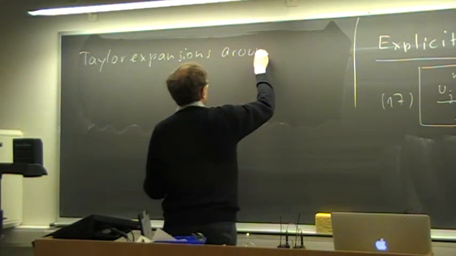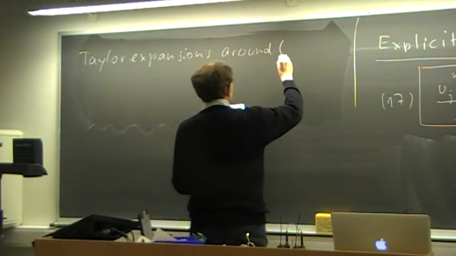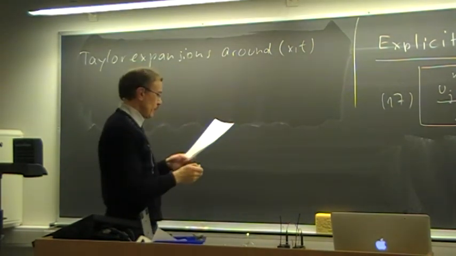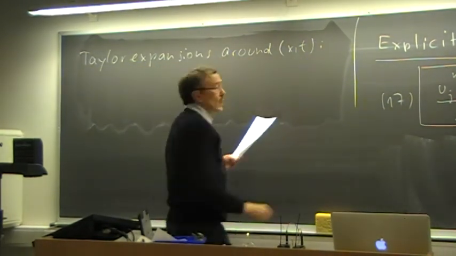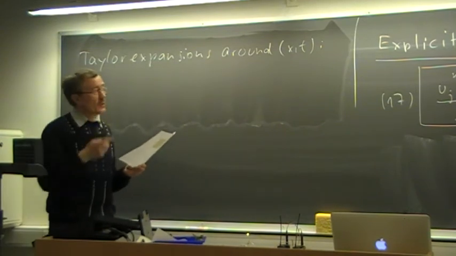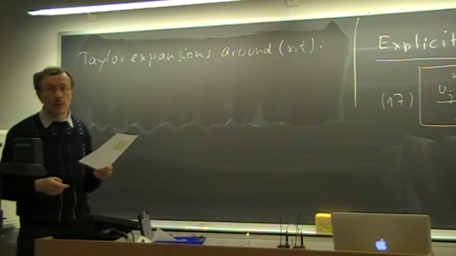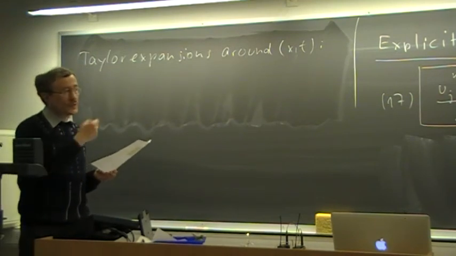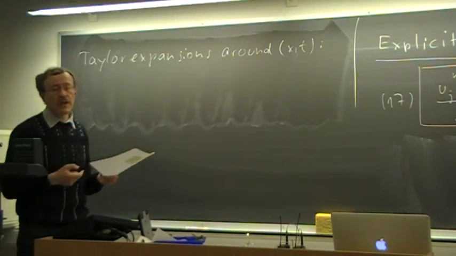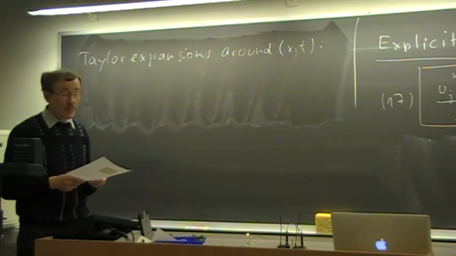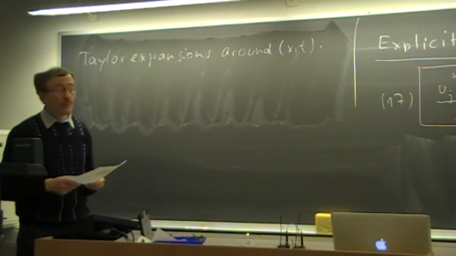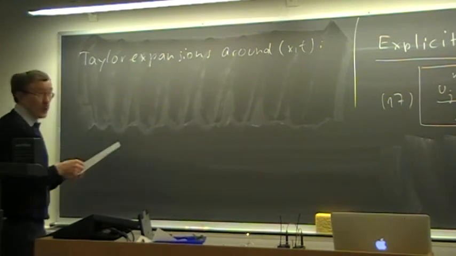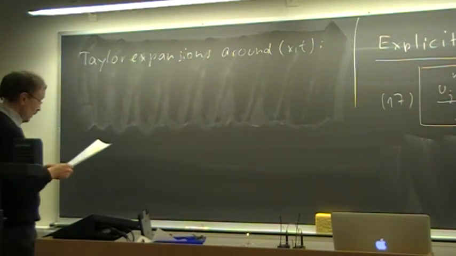We do it around the point x,t, which we skip when we write it. And Radar told me that you have this actually in Maple. You have the function Taylor, where you could do these Taylor expansions, with help from a mathematical simulation tool. And I'm sure you'll also have that in Mathematica.